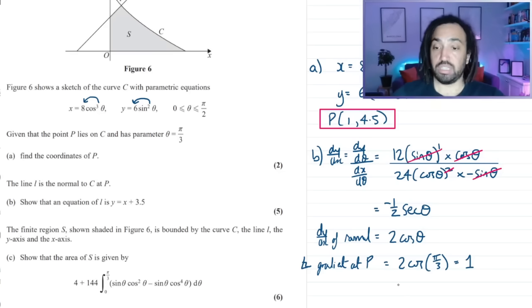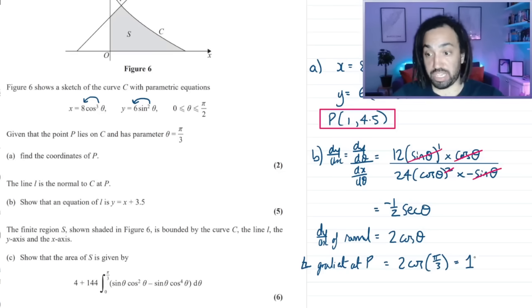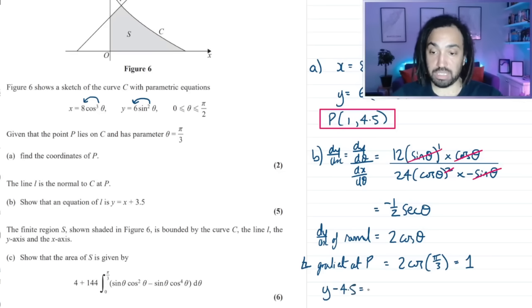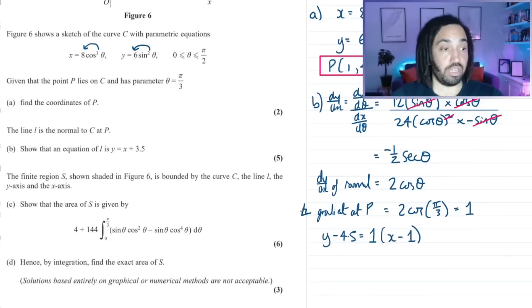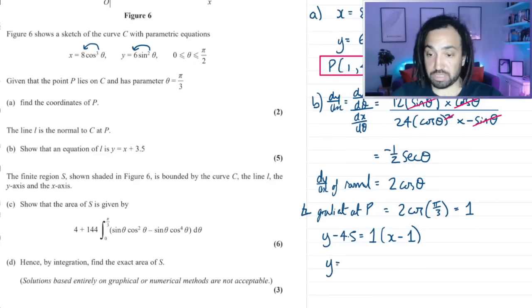Okay, great. So now what we need to do is a straight line equation with the gradient, which we know is what we want, and also the coordinates of p, which is up here. So we do y minus y1 is equal to the gradient m times x minus x1, like so. Okay, and then we can expand this out.